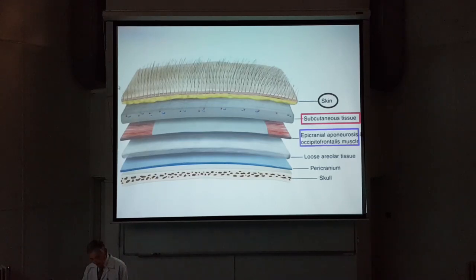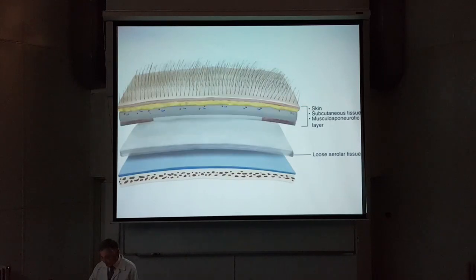Then the epicranial aponeurosis of occipitofrontalis. If this is posterior, then this is occipitalis and this is frontalis. And it's an aponeurosis in the middle, tendon in the middle. Then comes loose areolar tissue that allows contraction of the occipitofrontalis, and then the pericranium, the periosteum of skull bones.